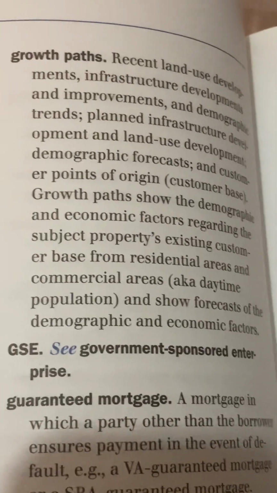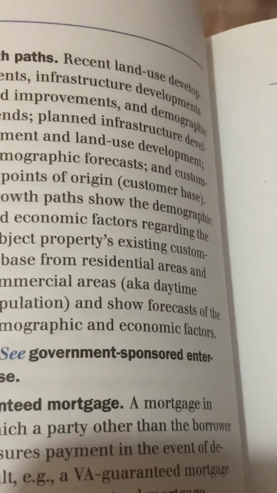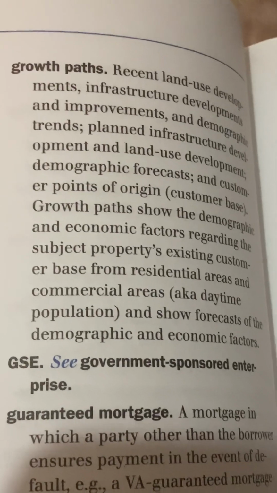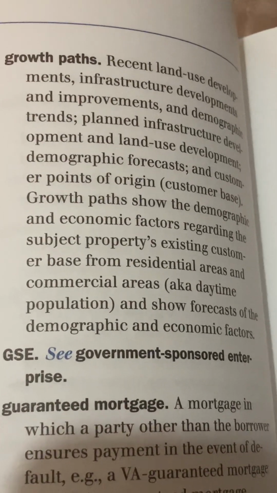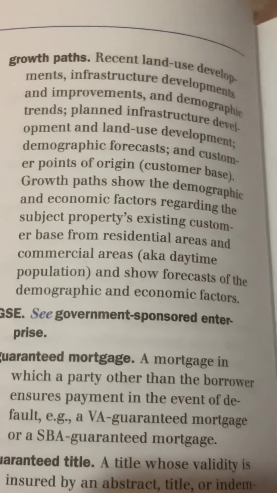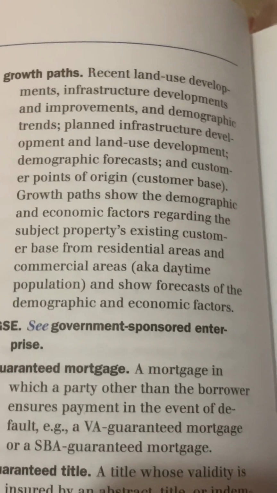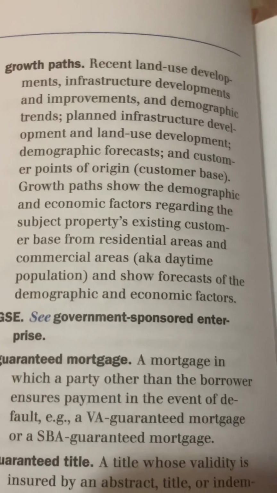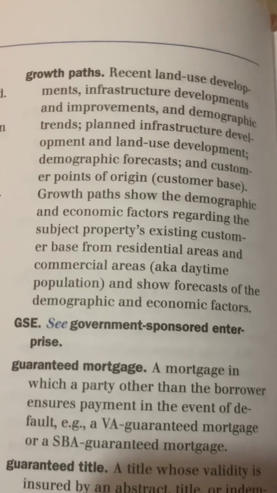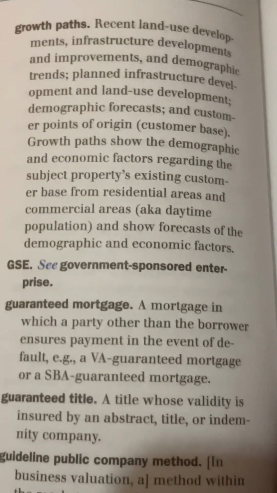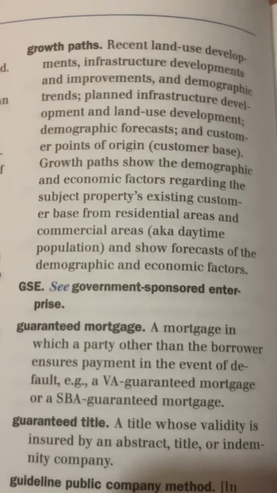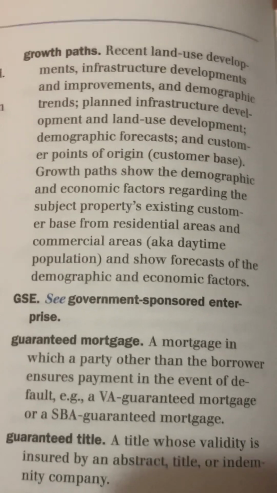Growth paths show the demographic and economic factors regarding the subject property's existing customer base from residential areas and commercial areas, aka daytime population, and show forecasts of the demographic and economic factors.